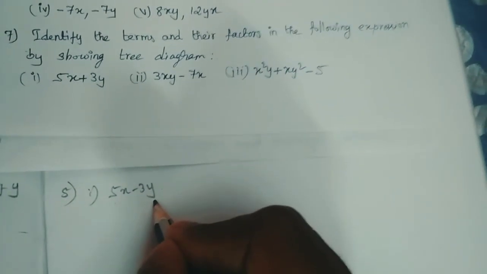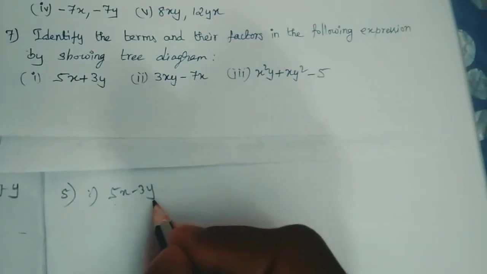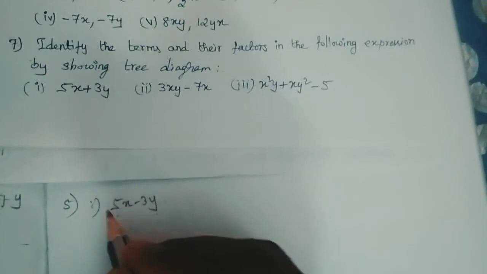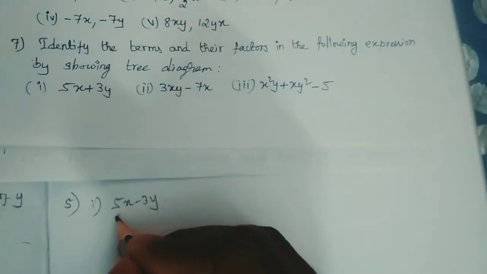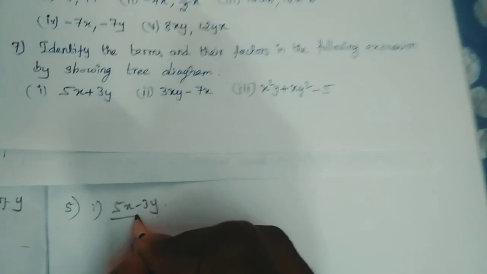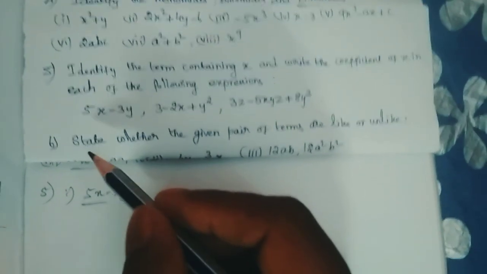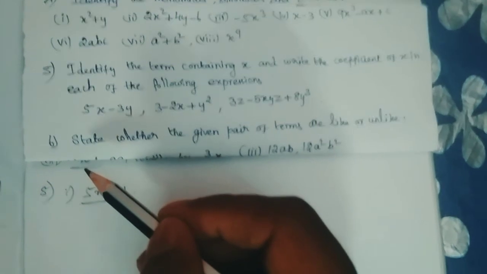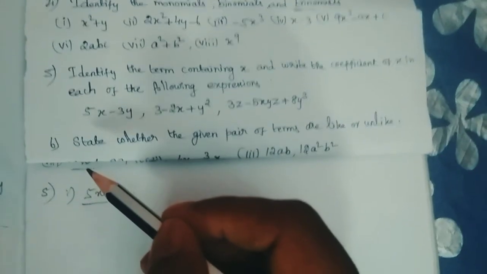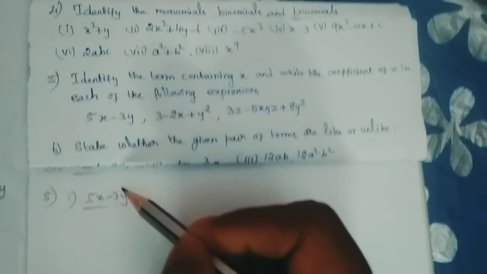What are they? 5x and minus 3y. In which term is x contained? 5x. So in each expression we look for a term with x as a factor. The remaining part of the term is the coefficient of x.